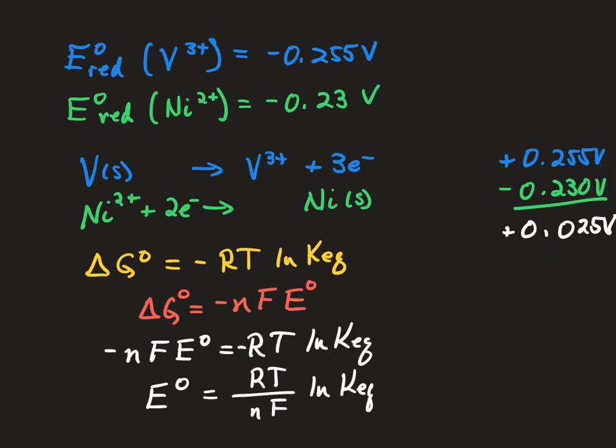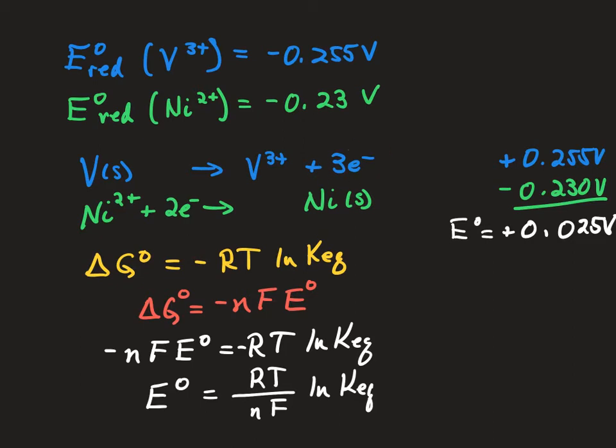And so now, if that is E0 for that cell, the standard cell potential, we can find the equilibrium constant by substituting this in here and remembering our stoichiometry.